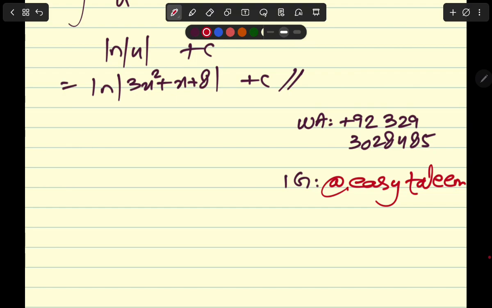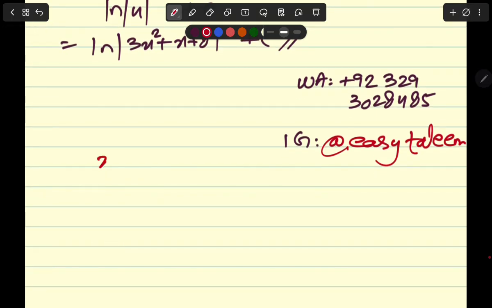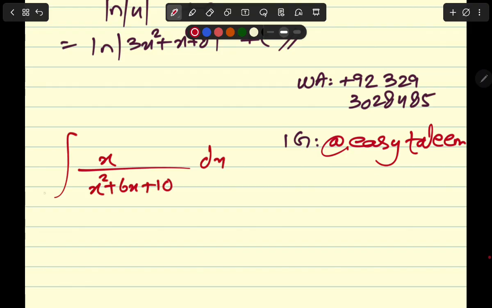Now, when the numerator is not exactly the derivative, for example, if you have a 2x here and 3x squared, okay, let's not complicate it as yet. Let's do something like x upon x squared plus 6x plus 10, and we are integrating it with respect to x.